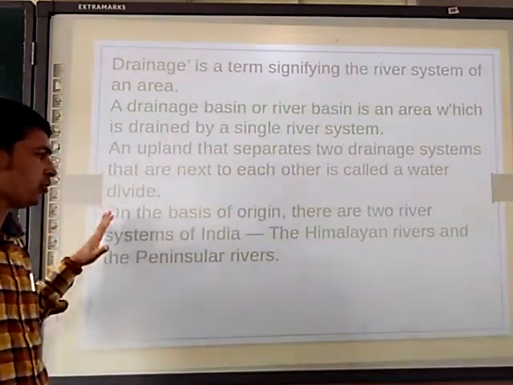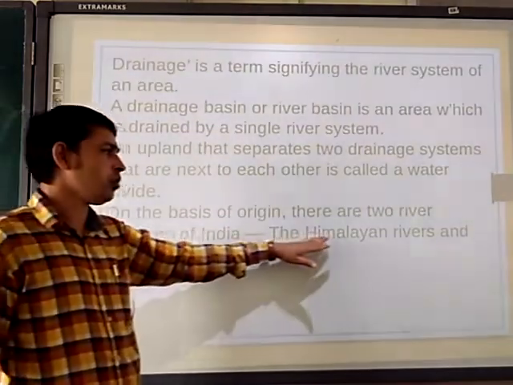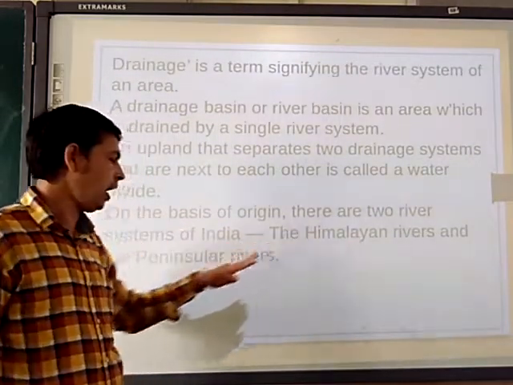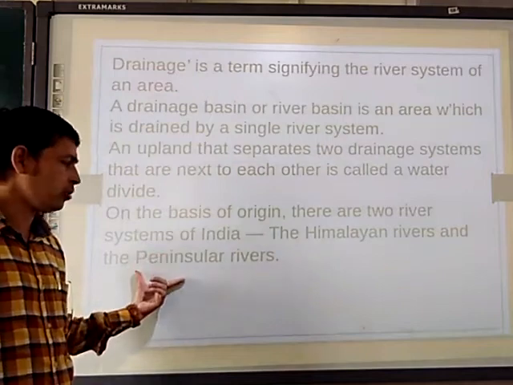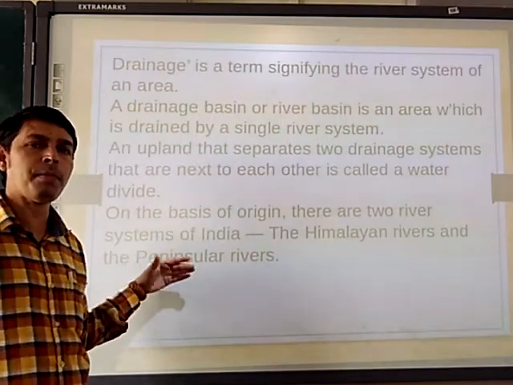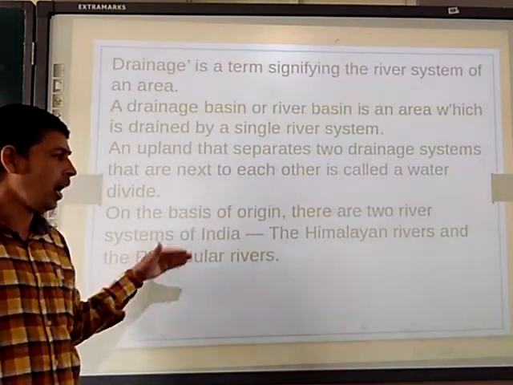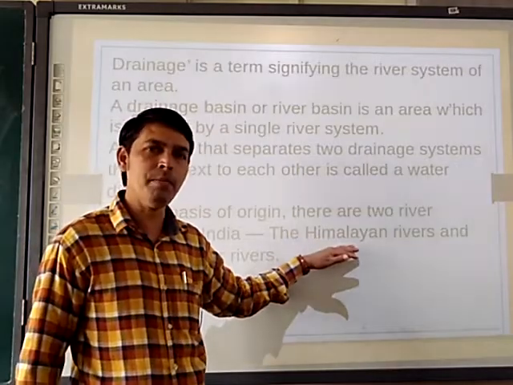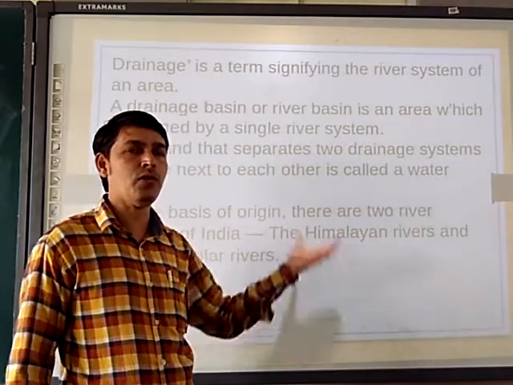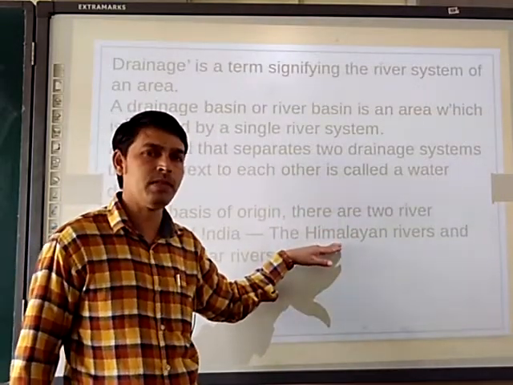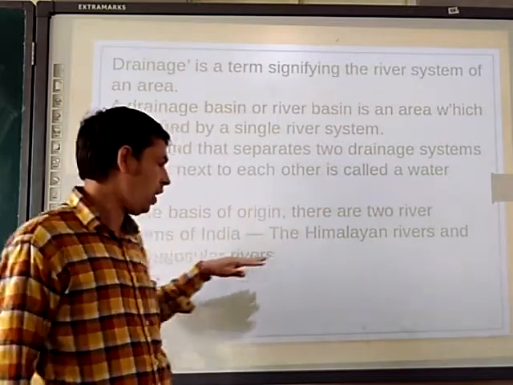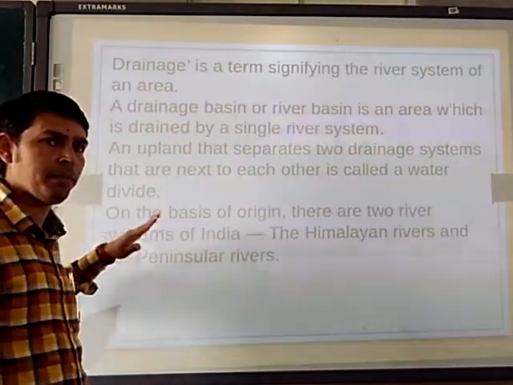The Himalayan rivers and the peninsular rivers. Peninsular means we are talking about the peninsular plateau, and the Himalayan rivers are those originating from the Himalayan mountains. We will see the Himalayan rivers first, after that the peninsular plateau.